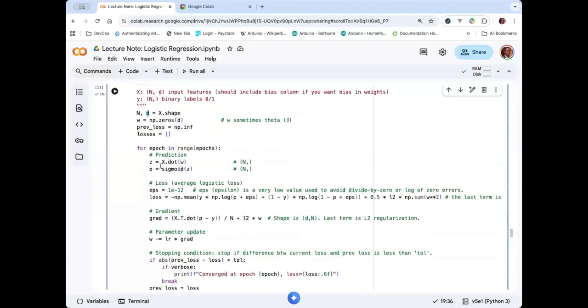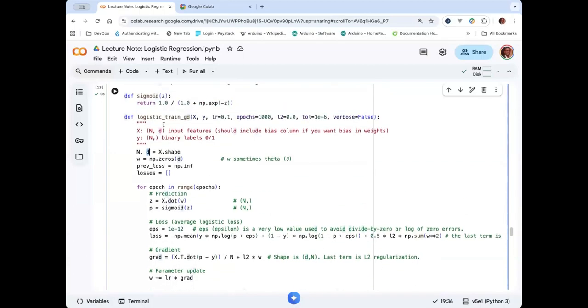So that's why we would always have D, the number of features, as the number of independent variables plus 1. Okay. That number D is the number of features.